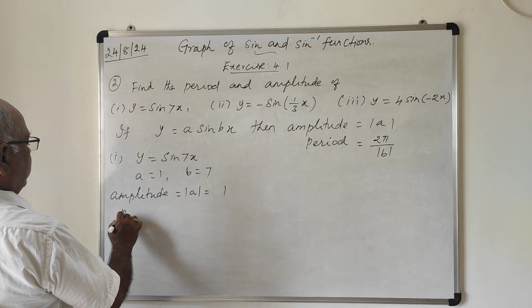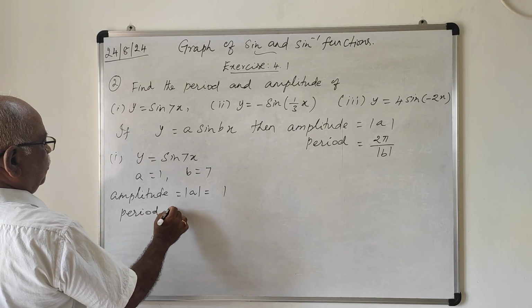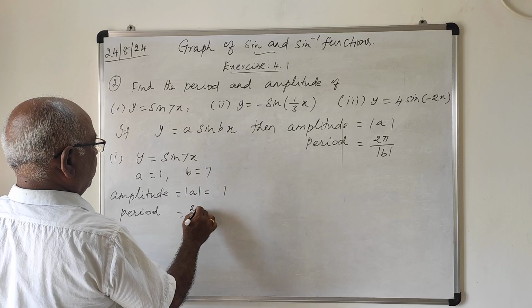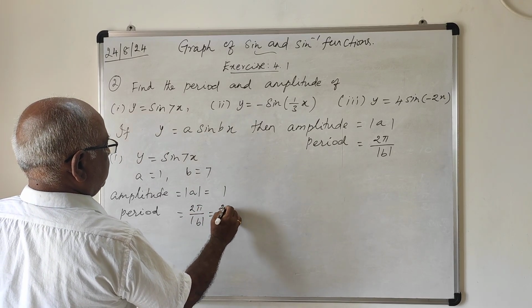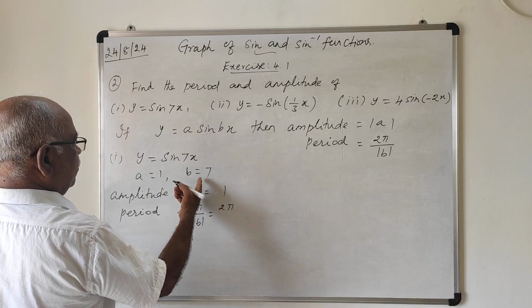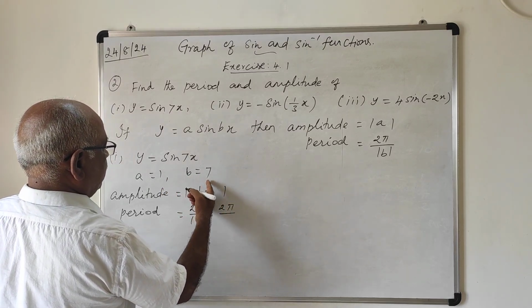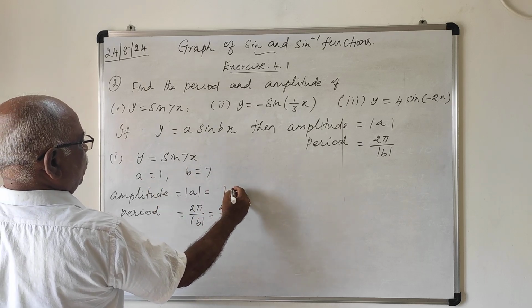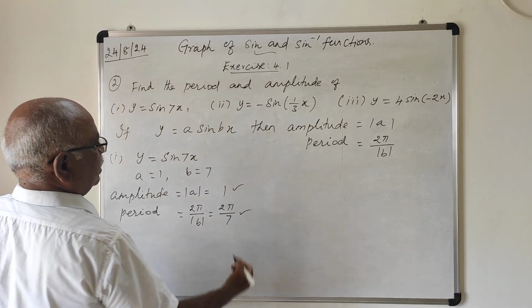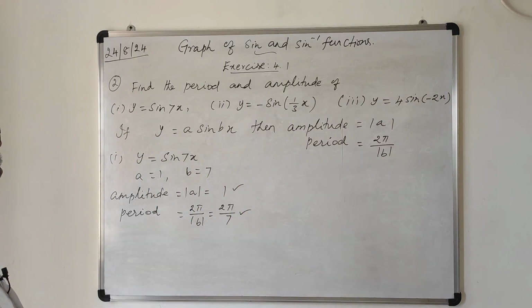By definition period is 2 pi by mod b, which is 2 pi by 7. So the amplitude for this problem is 1 and the period is 2 pi by 7. That's all about the first problem.